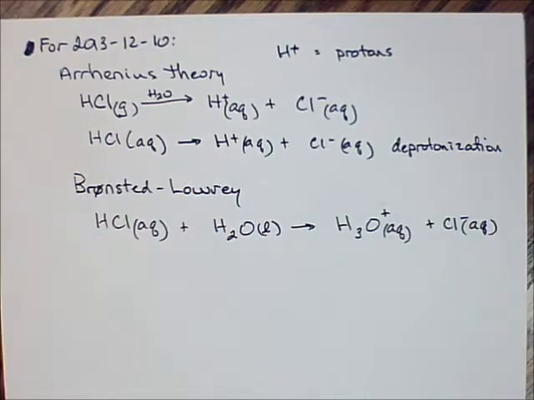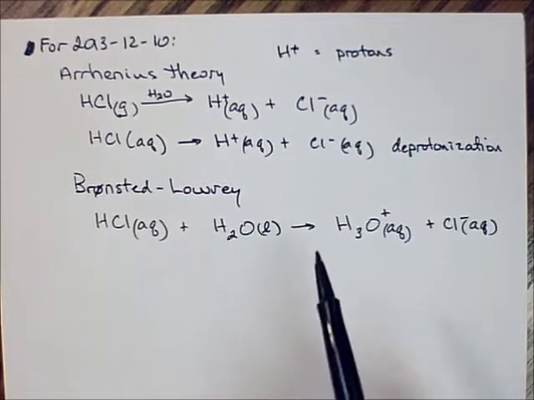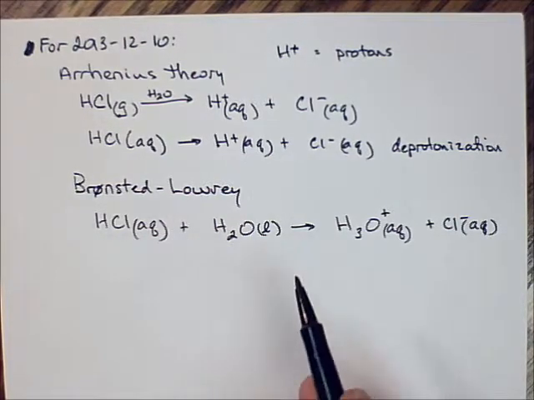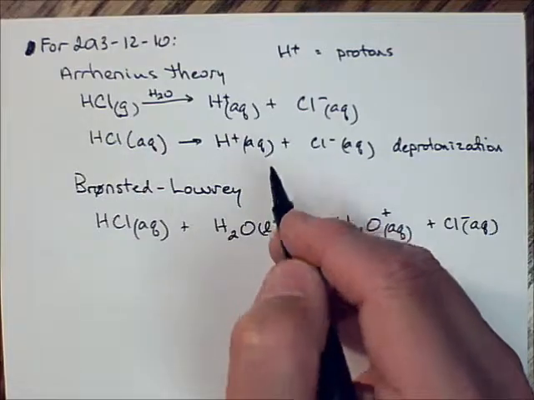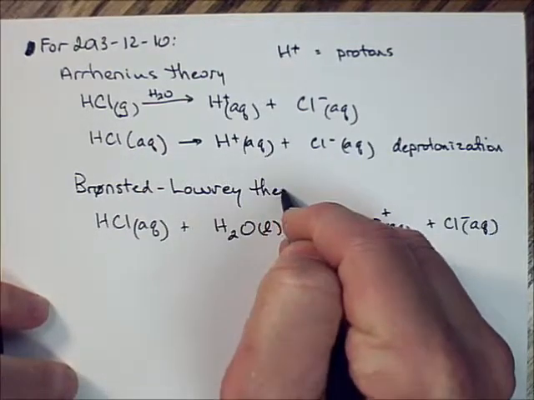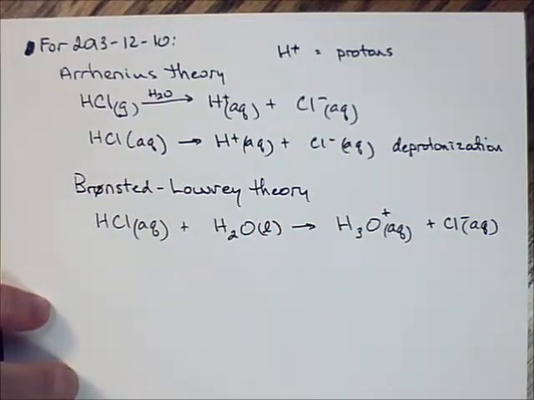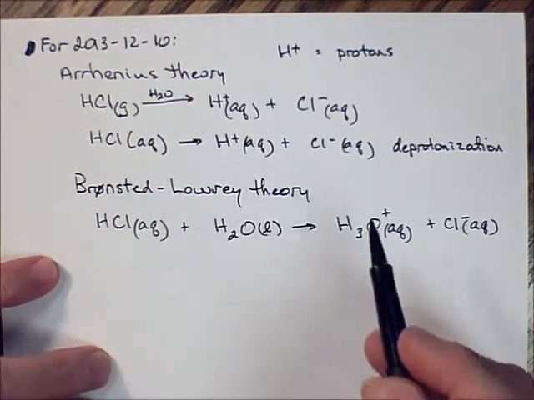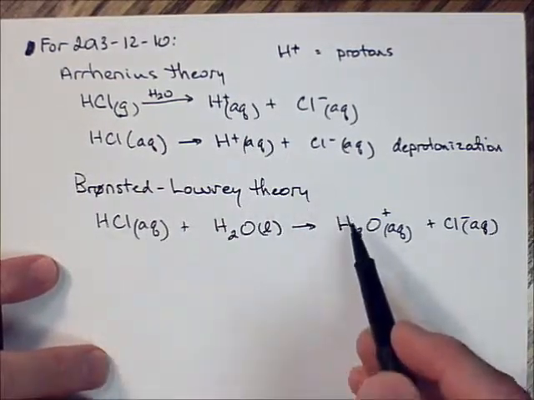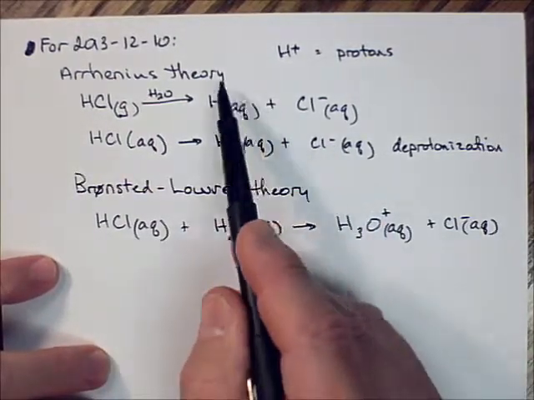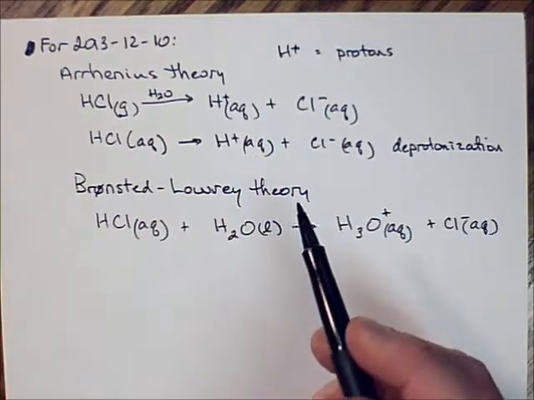So this is a way of illustrating the deprotonization of hydrogen chloride, hydrochloric acid, using the Bronsted-Lowry theory of acids. Either way, we get one of these particles or one of those particles.